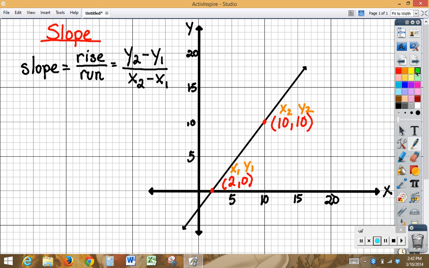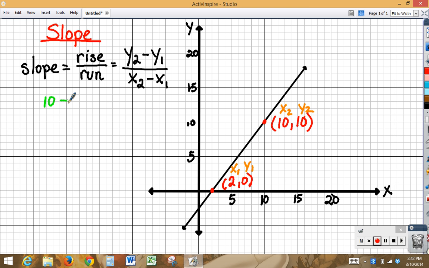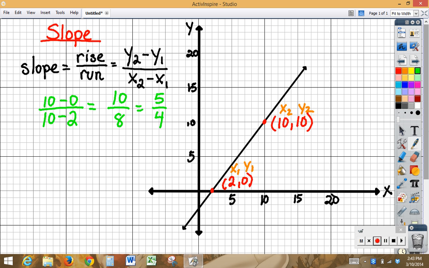So I have y2, which is 10, minus y1, which is 0, over x2, which is 10, minus x1, which is 2. So I get 10 over 8, which I can reduce to 5/4. And I'm just going to leave it like that because we don't need to deal with mixed numbers. So that is the slope of this line.